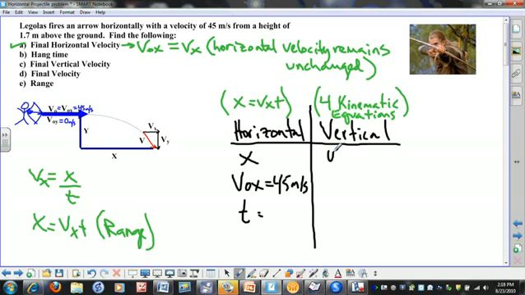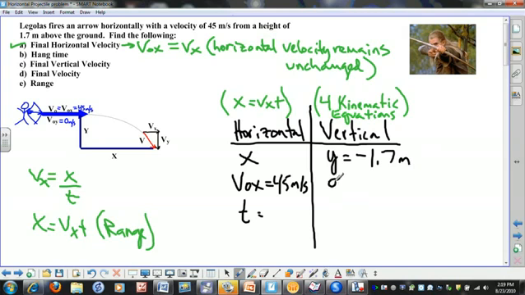Now, let's go over here and look at what we're given on the vertical side. Well, we have y, and y is 1.7, right? No. Legolas's arrow starts at a position where he's holding the bow, and then it falls negative 1.7 meters to the ground. So because it goes below the initial value, that's going to be negative. What else is given?